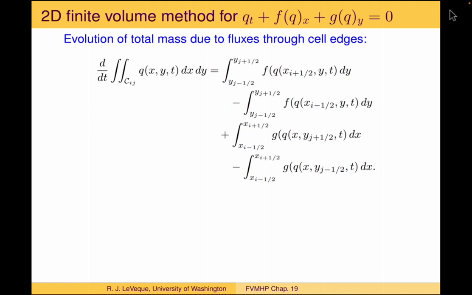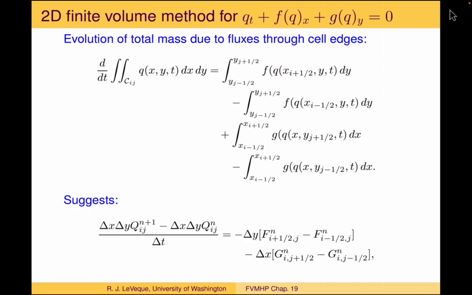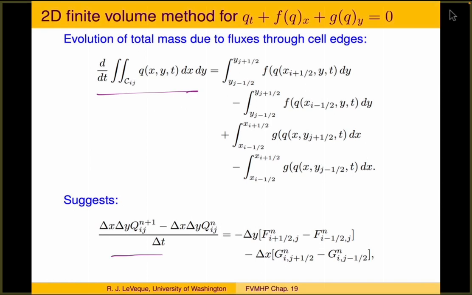Then integrating around the boundary, the outward pointing normal, we end up with this expression, which suggests that if this integral is like delta x times delta y times the cell average, then the derivative of the integral here is an approximation to the difference between time n plus 1 and time n of delta x delta y times the cell average. The fluxes on the right-hand side, each one of them we could approximate with some numerical flux function.